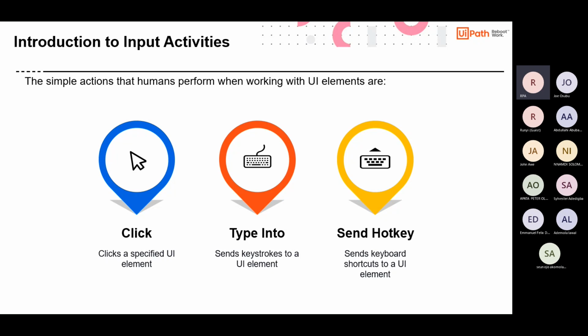Type into helps to send keystrokes to UI elements. Of course, we know what type into signifies. The send hotkey helps to send keyboard shortcuts to UI elements, like Control F for find, Control A for highlight all, and all the rest.